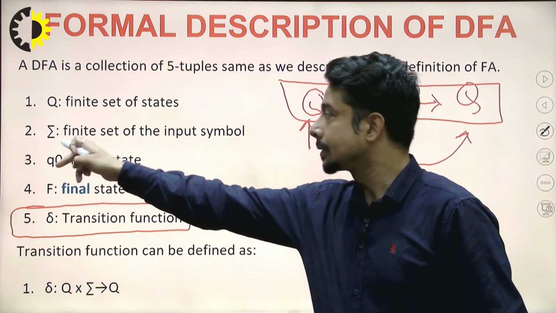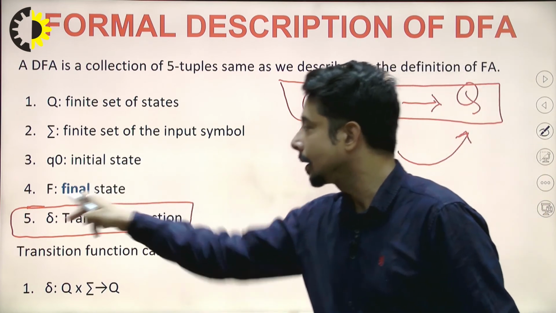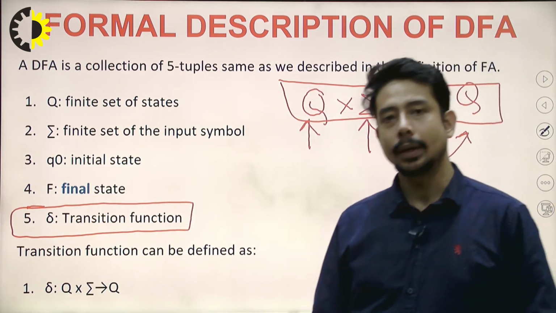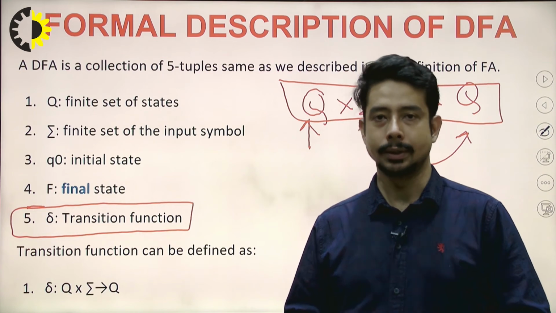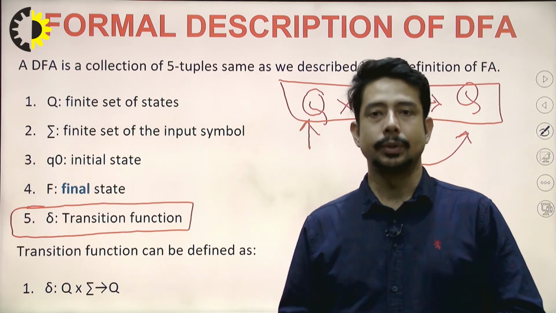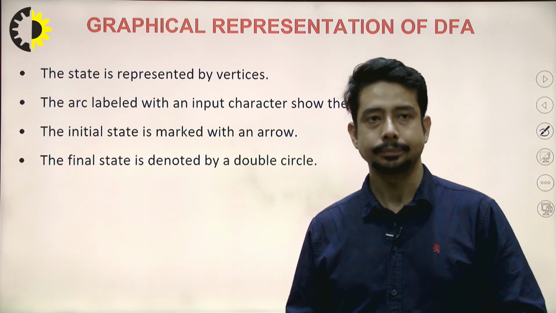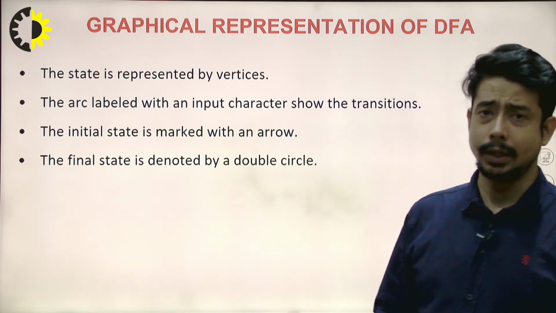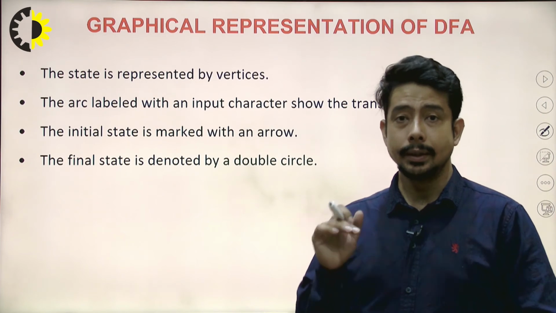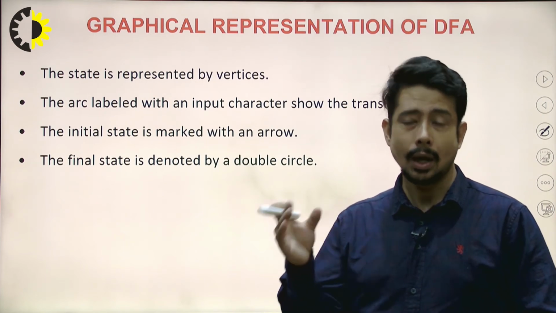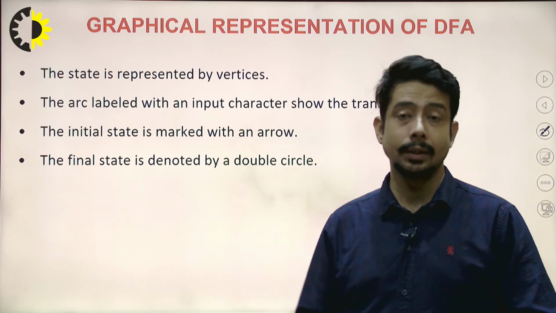Q is the finite set of states. Sigma is the finite set of input alphabets. Q0 is the initial state, F is the final state. So this is all about the formal description of DFA. I hope it is clear to you all. Let's move to the next slide, the last part, the graphical representation of DFA. If you look into the graphical representation of DFA, we need to understand how the machine's processing is graphically represented.